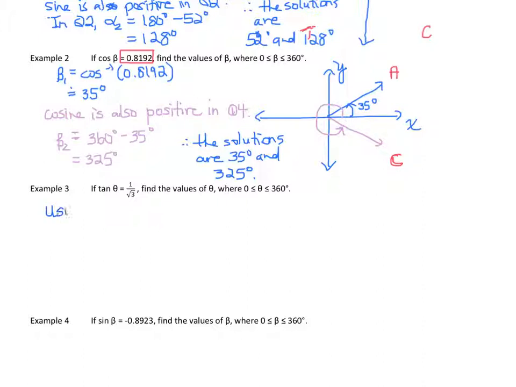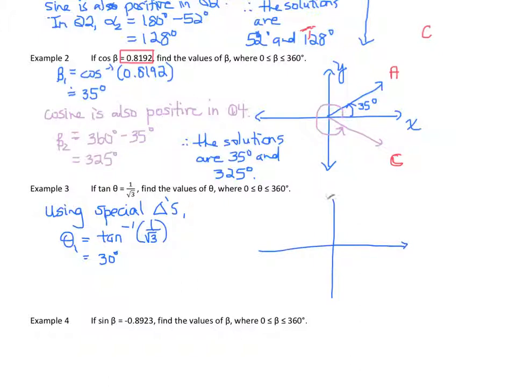So using special triangles, we know that one possible value of theta will be tan inverse 1 over root 3, which using our special triangles we know would be 30 degrees. So 30 degrees has a terminal arm in quadrant 1.